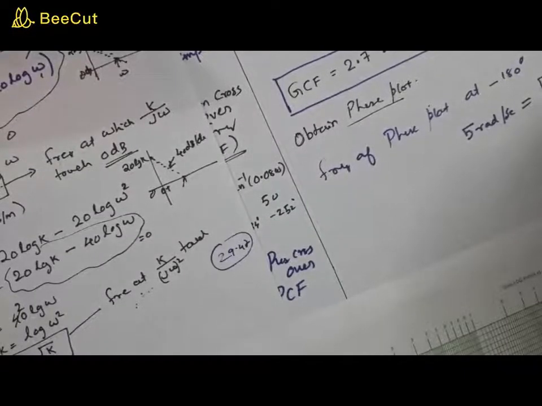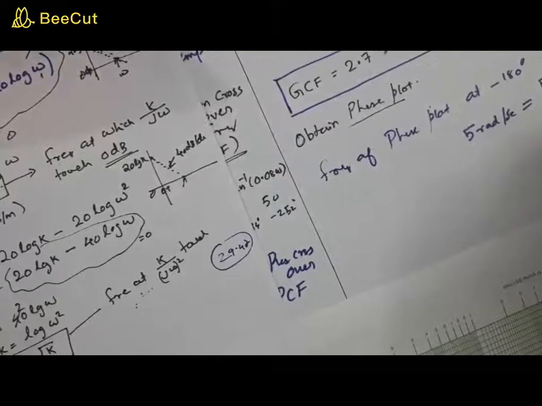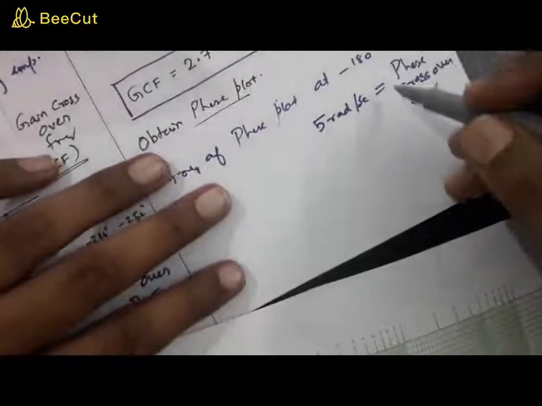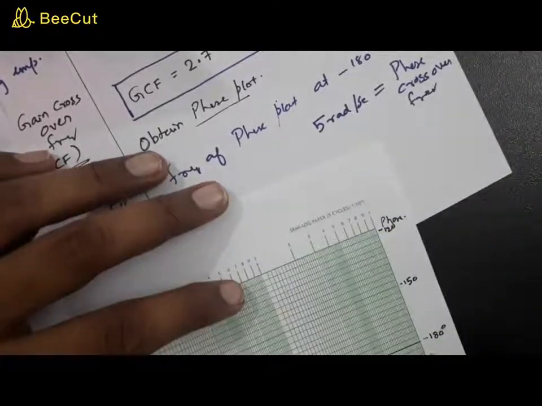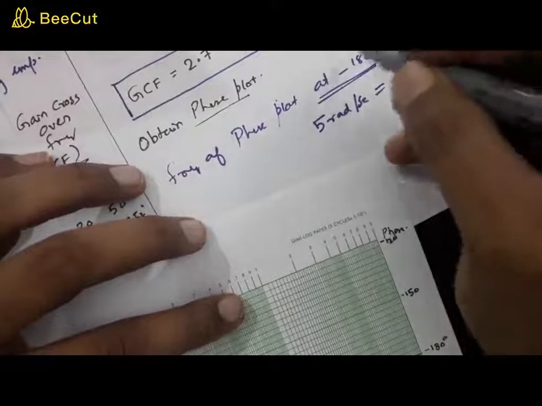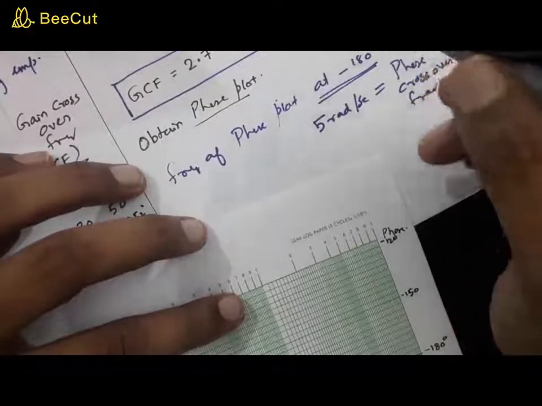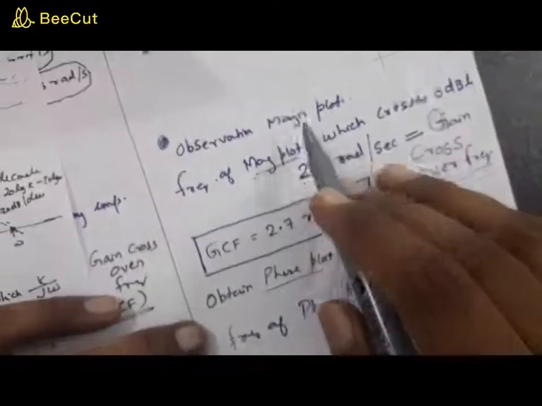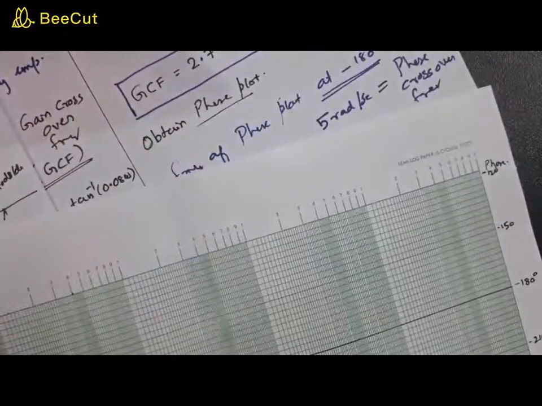Now what do you mean by phase crossover frequency? Phase crossover frequency is the frequency at which the phase plot crosses minus 180 degree. Mind, don't say it to be 0 dB, because 0 dB has nothing to do with the phase plot. 0 dB is connected to the magnitude plot, even though we plot 0 dB and minus 180 degree in line, right?